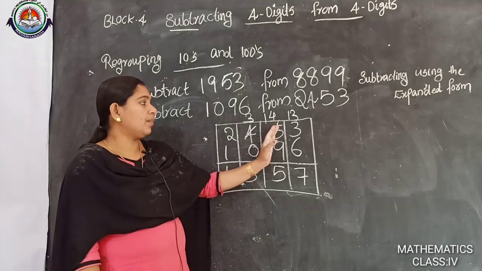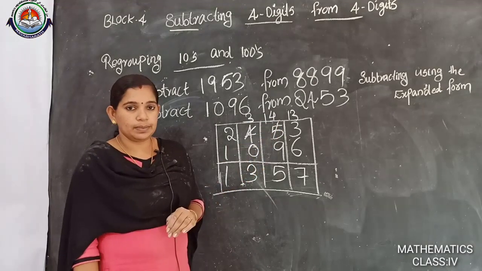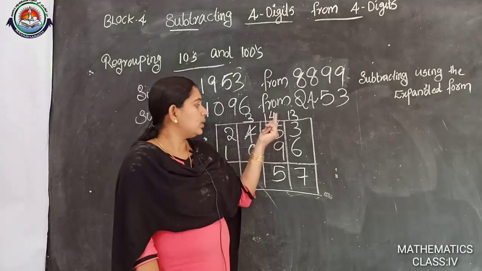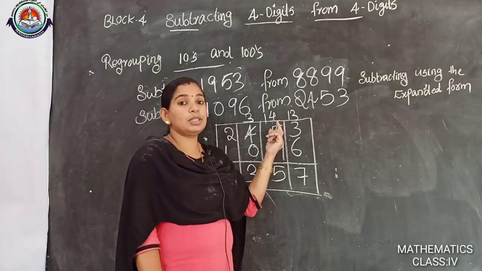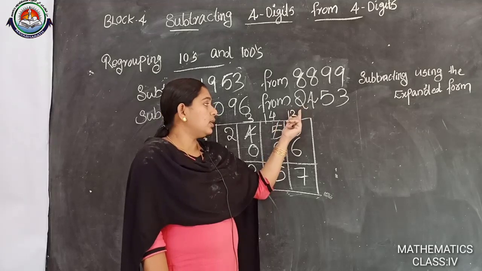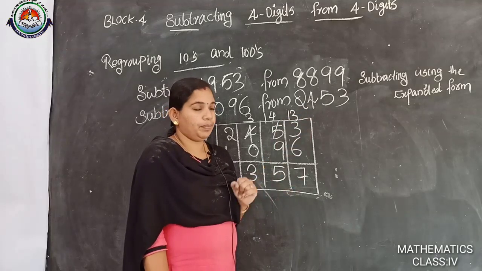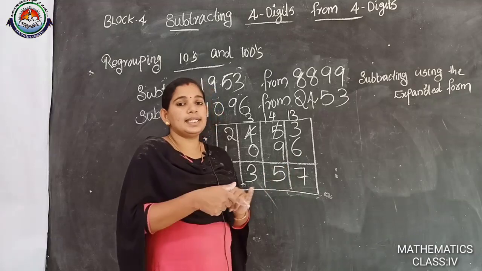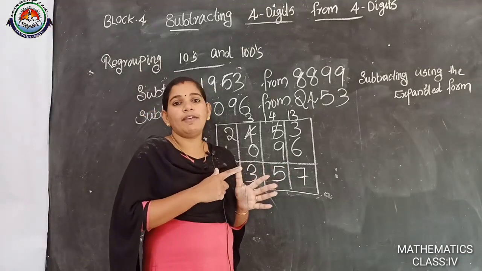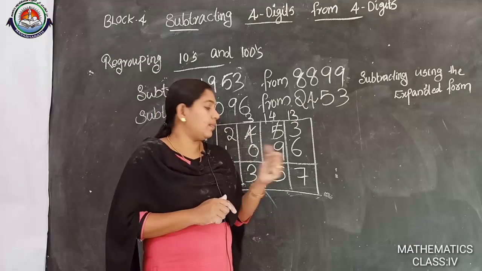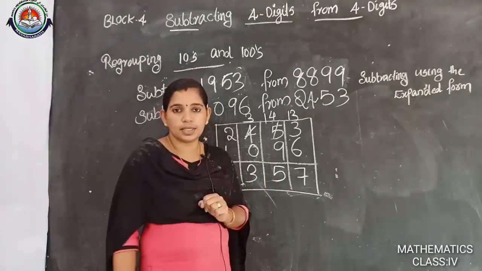We take 1 from the tens place, from 5. It becomes 4, and this 3 becomes 13. 13 minus 6 is 7.